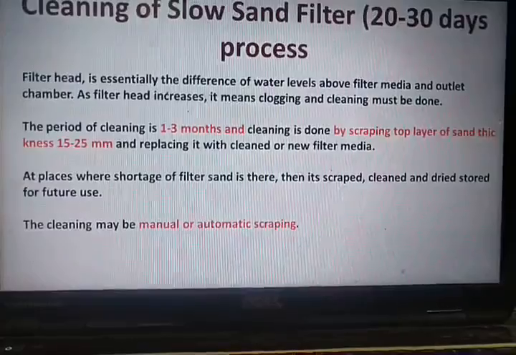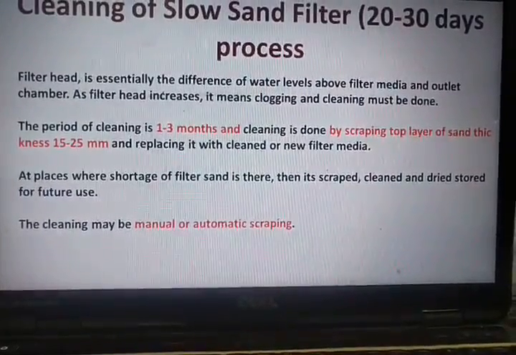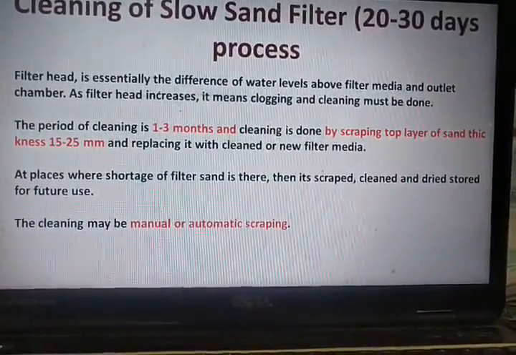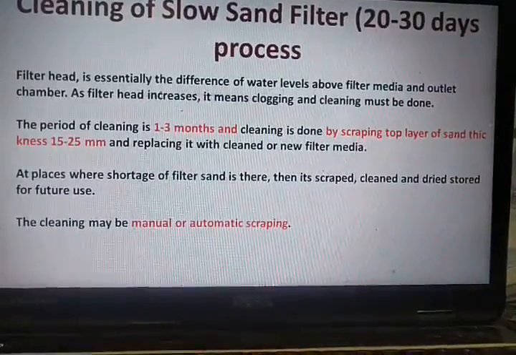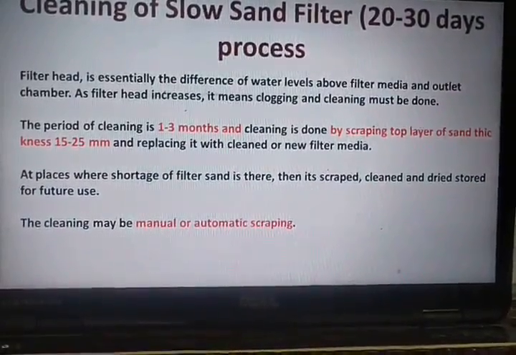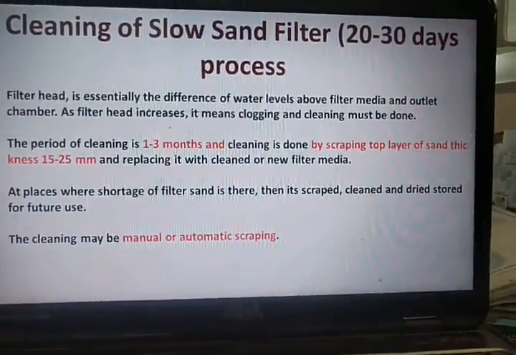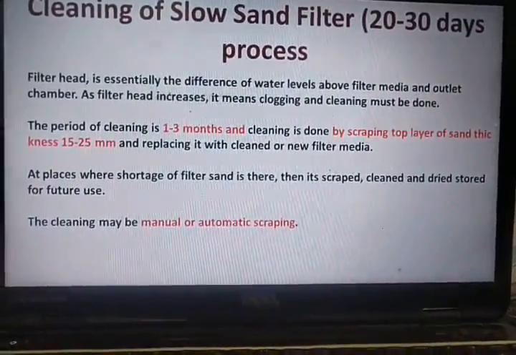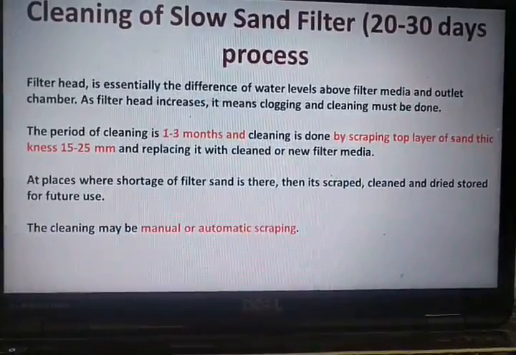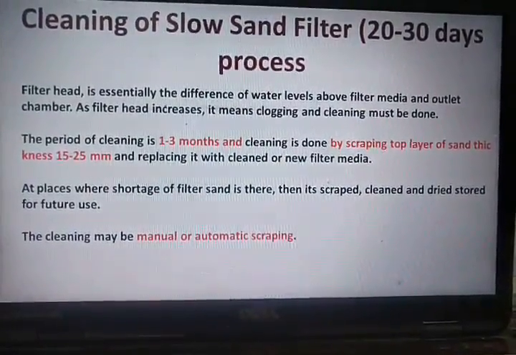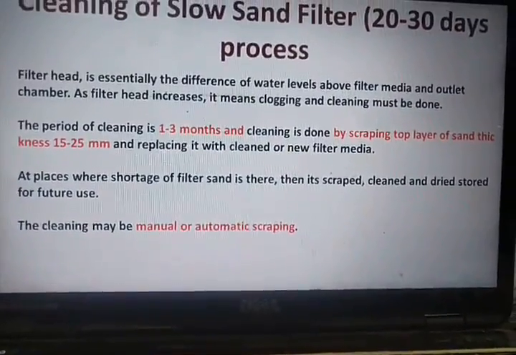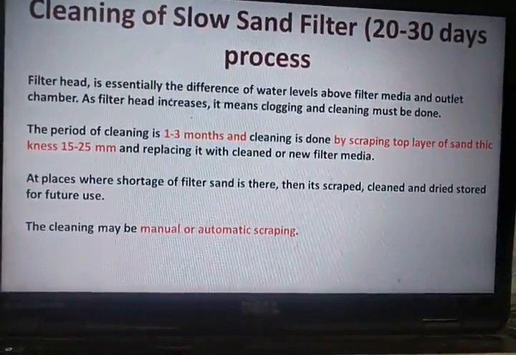And as the period increases, then slowly the sand starts to lose the charge, and also it loses its quality, and also the dirty skin layer starts to have more growth, and slowly the head loss is observed, and most of the sand particles get entrapped with the suspended materials through the continuous filtration process, and at that time the sand should be replaced with a new layer of sand, okay.